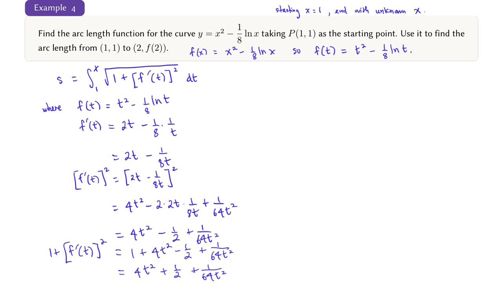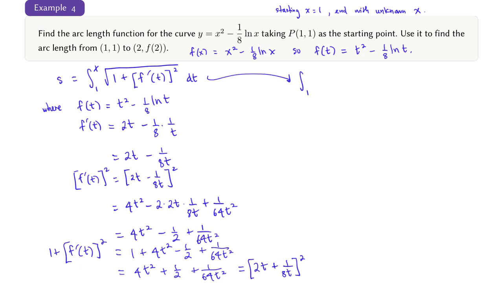We observe that it looks like the trinomial above, except that it is plus 1 half instead of negative 1 half. But the earlier trinomial is the same as the square of the binomial, and so this trinomial is the square of the binomial 2t plus 1 over 8t, the quantity squared.